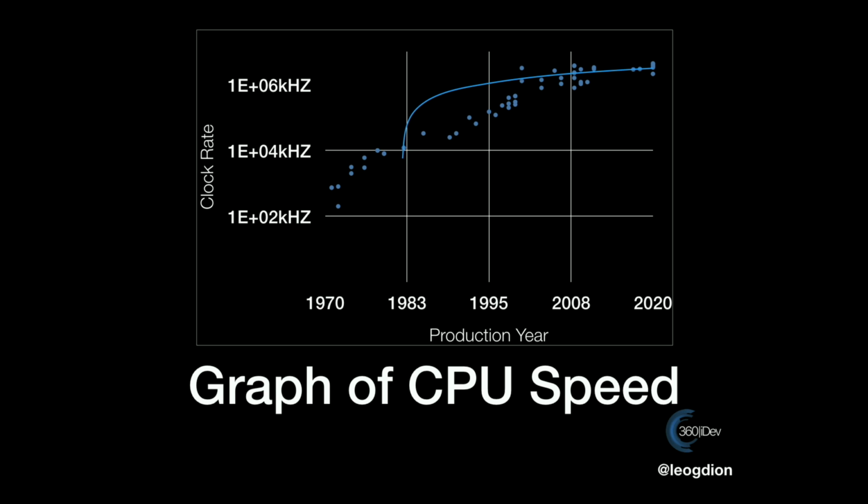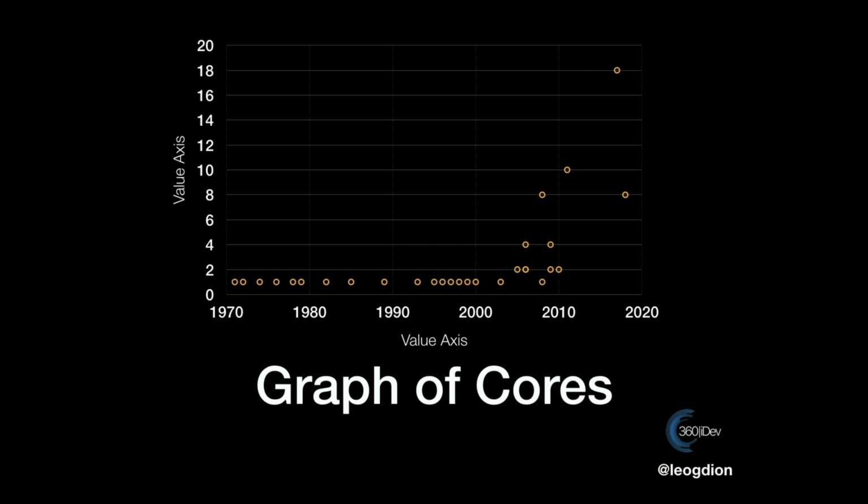So instead, what a lot of manufacturers have done over the last 15 years is they've preferred to put more cores, essentially more processing units, into CPUs. Even on the Apple Watch, for instance, you have 2 cores, typically one for low power mode and one that can be used all the time.